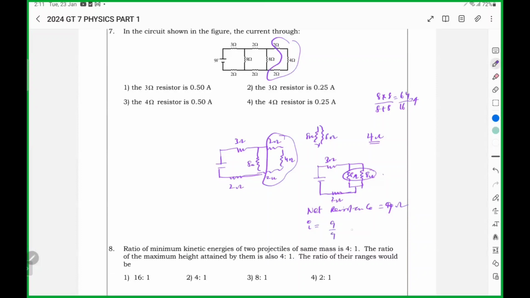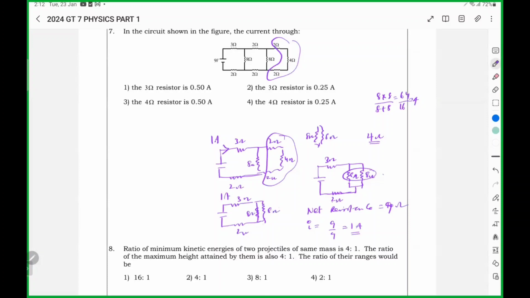That is, 1 ampere current flows through it. When 1 ampere current flows, consider this circuit. These two are in parallel, and the resistances are equal, 8 ohms and 8 ohms.